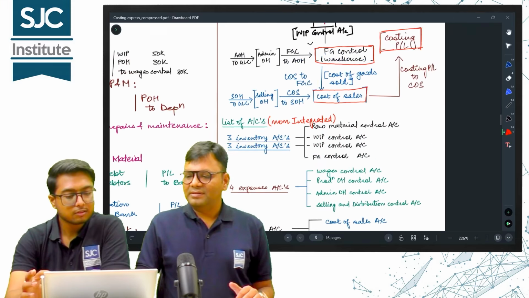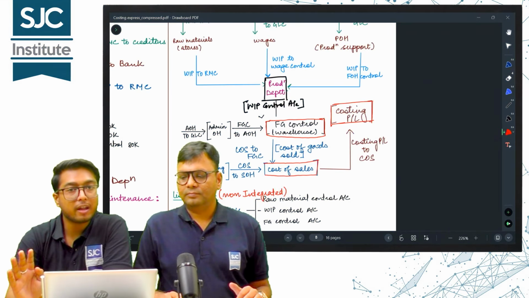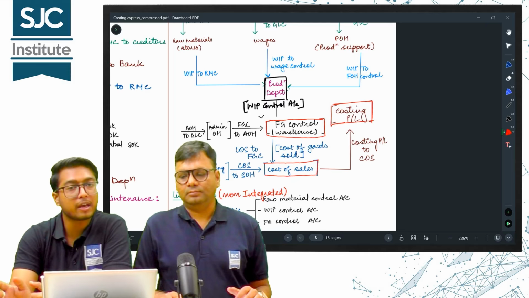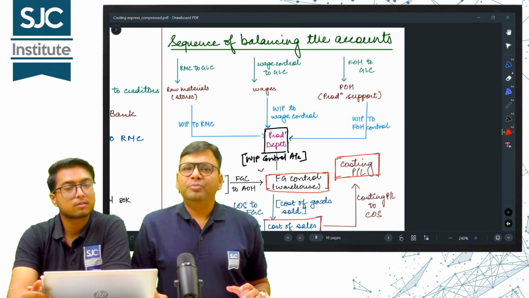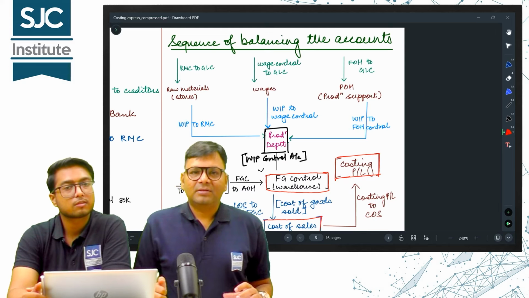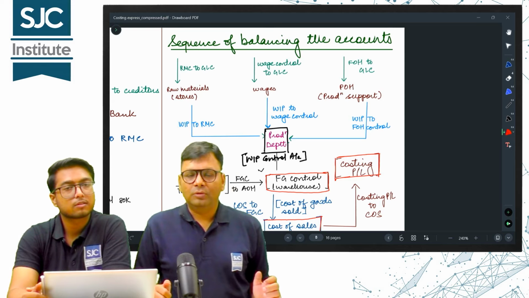Next comes the sequence of balancing the accounts. Under this, there are four main accounts. First is WIP control account, second finished goods control account, third is cost of sales account, and fourth is costing PL account. In the case of WIP control, we have to bring some balances here, and this starts with raw material control, wages control, and production overhead control.